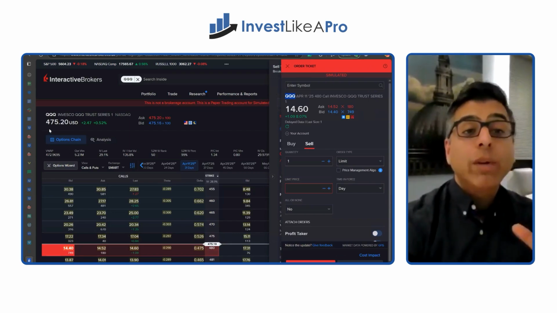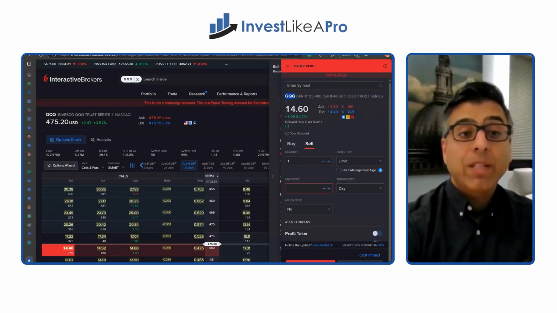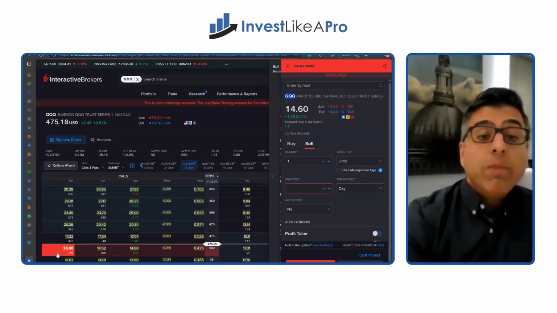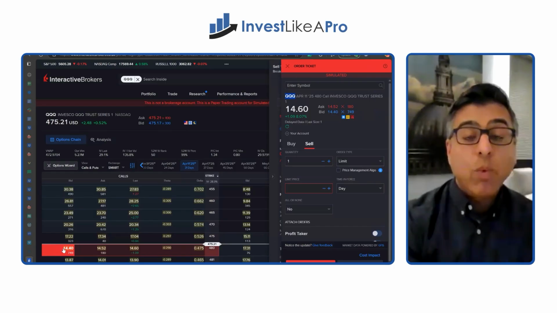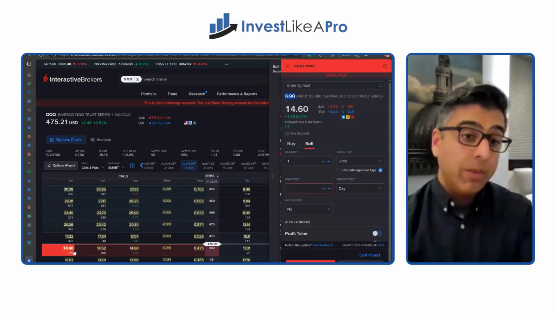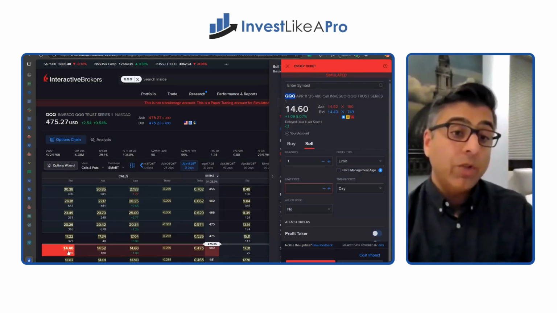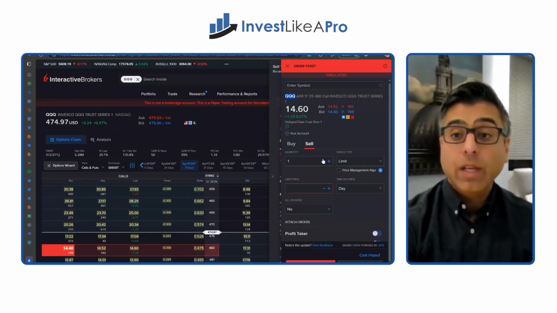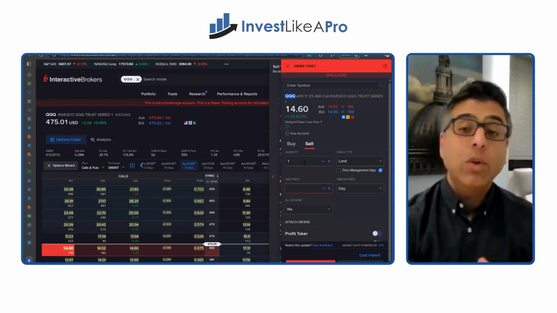So we wouldn't ordinarily do QQQ because it's quite an expensive stock. Or you might do if you've got a big enough account. But if you did one option on this, you'd get $1,440, right? 100 times 14.40 would give us $1,440. Okay, so this is how it works. This is the order ticket.